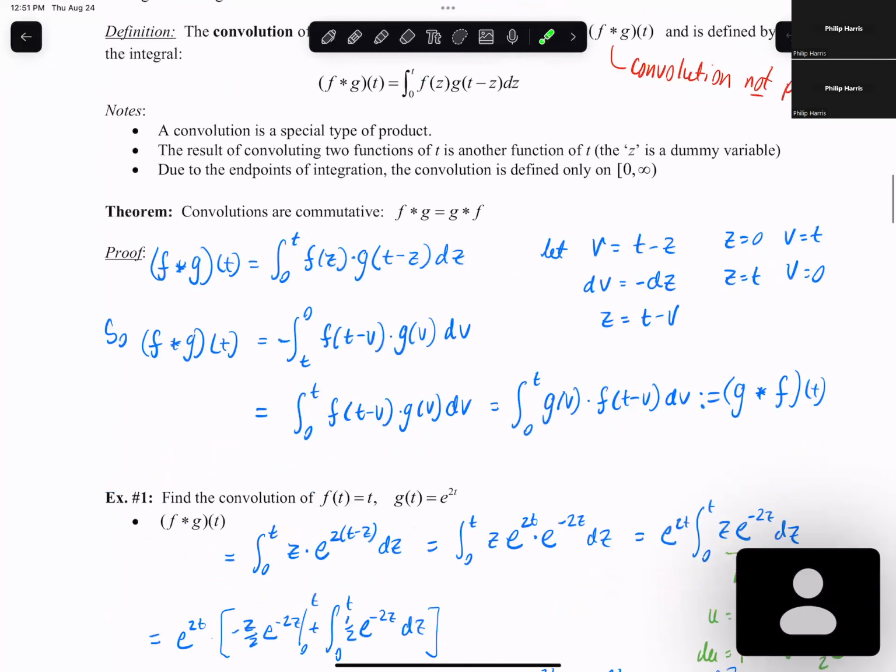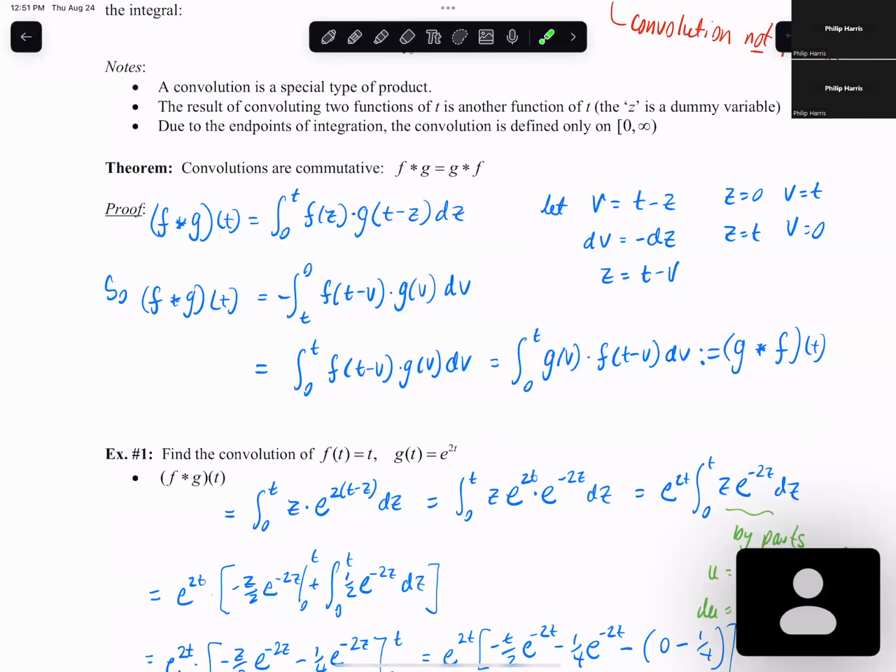A handy bit of information is that convolutions are commutative. F convoluted with G is the same thing as G convoluted with F. So here's a little proof. It's actually fairly easy. If you start with F convoluted with G, it suggests this integral. Making a clever substitution, let v be equal to t minus z.